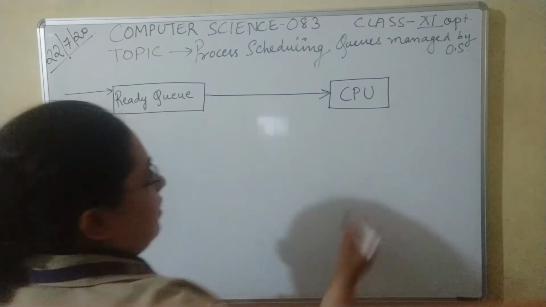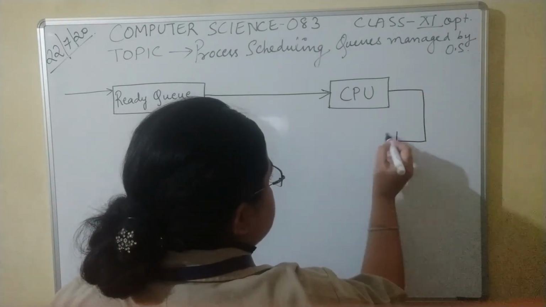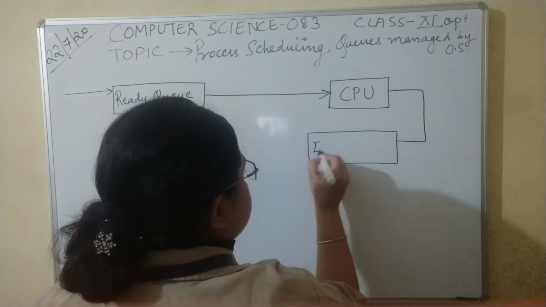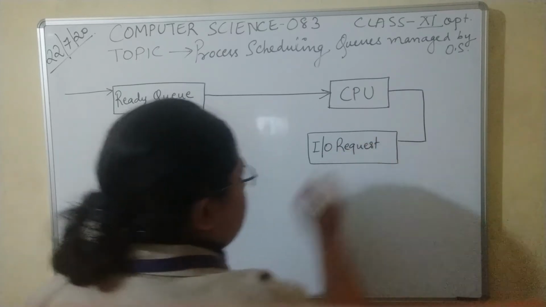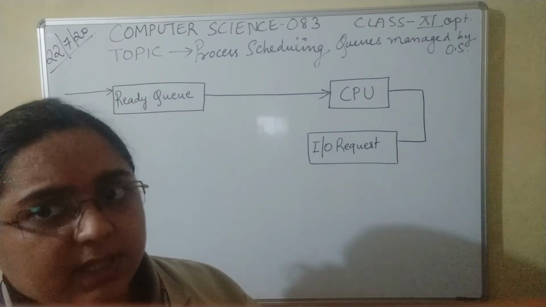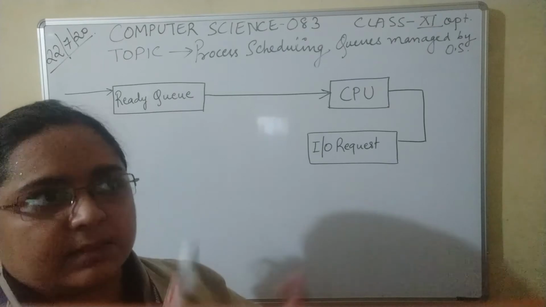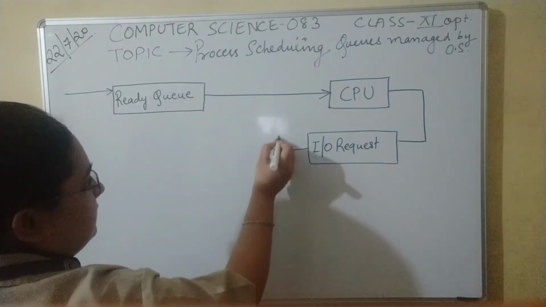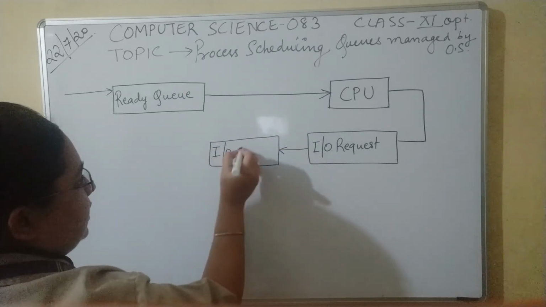After that they could go into a number of different states. There could be an IO request, that is, an input output request, owing to any input or output statement being encountered. Maybe we are taking a value from the user, maybe we are displaying something on the monitor. So that goes into the IO queue.